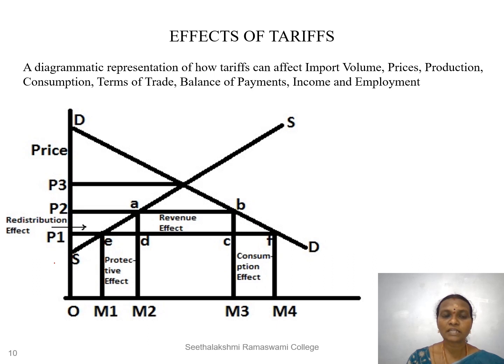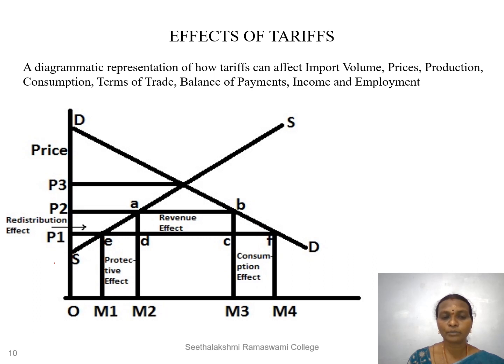Now the consumer satisfaction level is DBP2. So P2, B, F, P1 is the loss for the consumer. The revenue effect for the government, this total area, is the loss for the consumer. That is, the consumer is losing satisfaction by way of the revenue effect as well as the producer surplus. So this area is a total loss for the consumer.